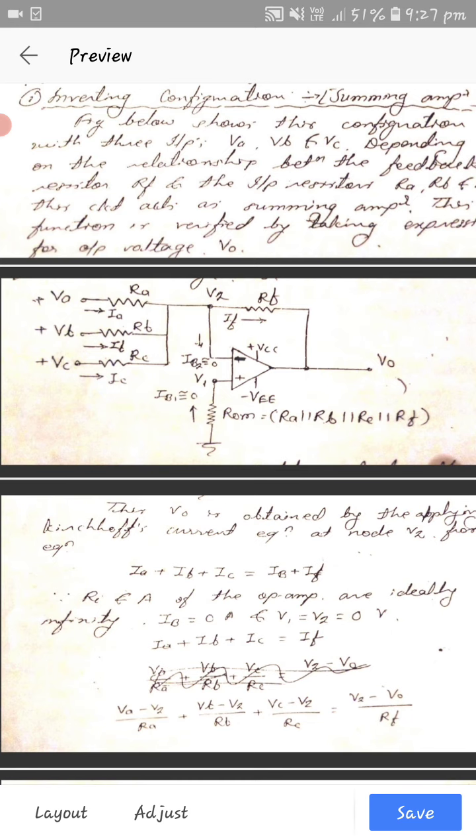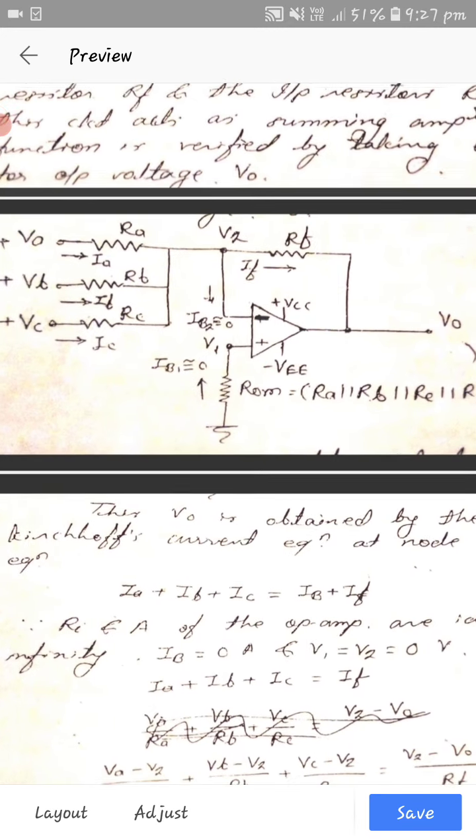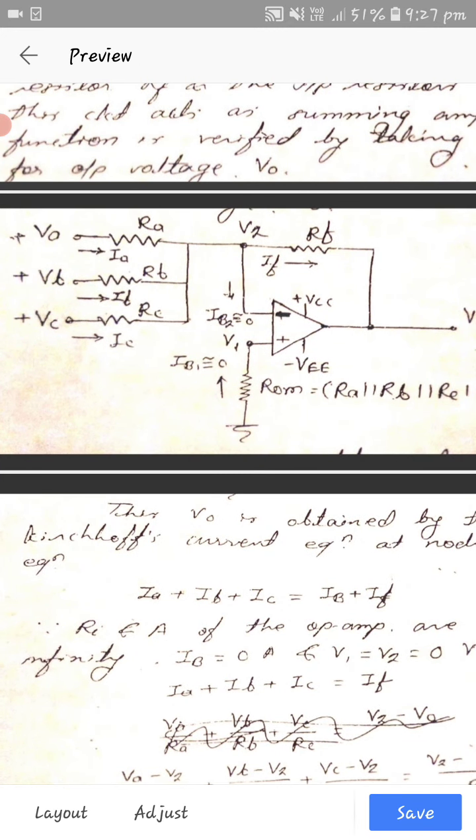The three input voltages are positive, applied through the RA, RB and RC resistors, and the currents flowing through these resistors are IA, IB and IC.